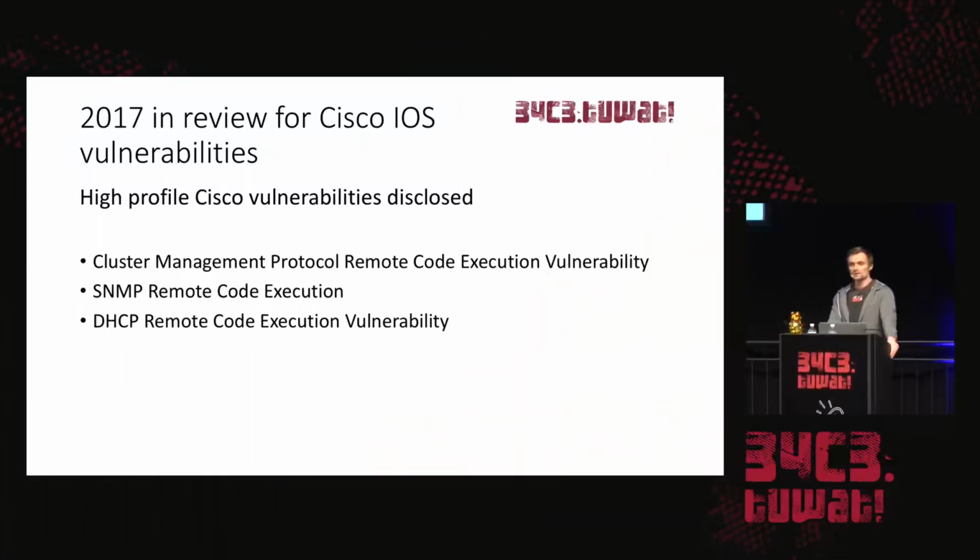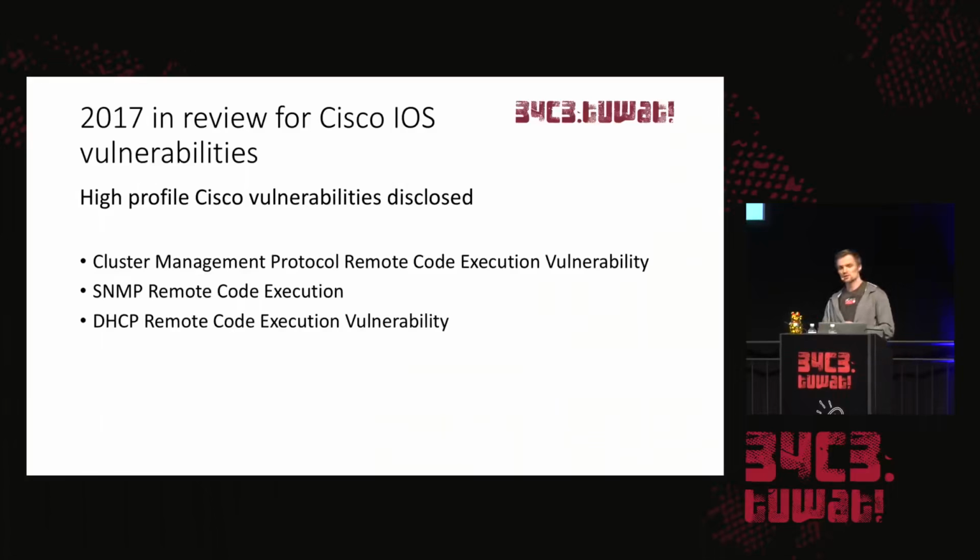Year 2017 was rich in vulnerabilities for Cisco IOS devices. We had at least 3 major advisories for Cisco IOS that represented 3 remote code execution vulnerabilities. The first one is a vulnerability in cluster management protocol, which resulted in unauthenticated remote code execution via telnet.